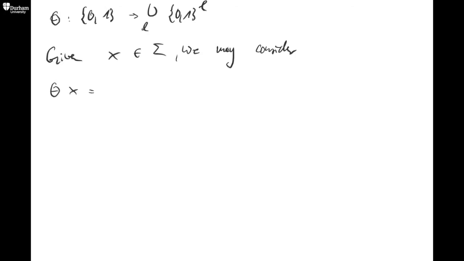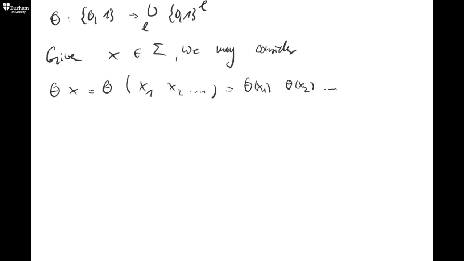What is x? x is a sequence, so it's something like x1, x2. And now we can just apply straightforwardly our substitution to every one of these letters and concatenate the words that we obtain. Okay, so this would be the application of our substitution now, not only on letters, but actually on sequences.